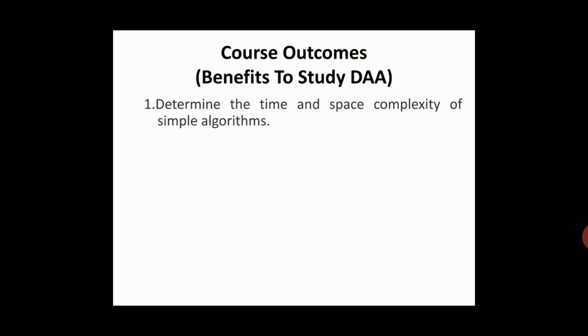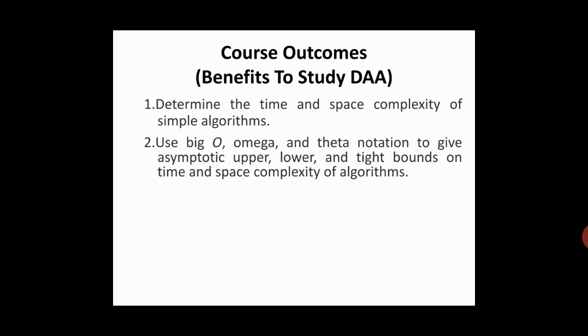The first point is the time and space complexity of a simple or complex algorithm. We will discuss notations for algorithms called big O, omega, and theta notations, the asymptotic upper and lower bounds, and time and space complexity of the algorithm.